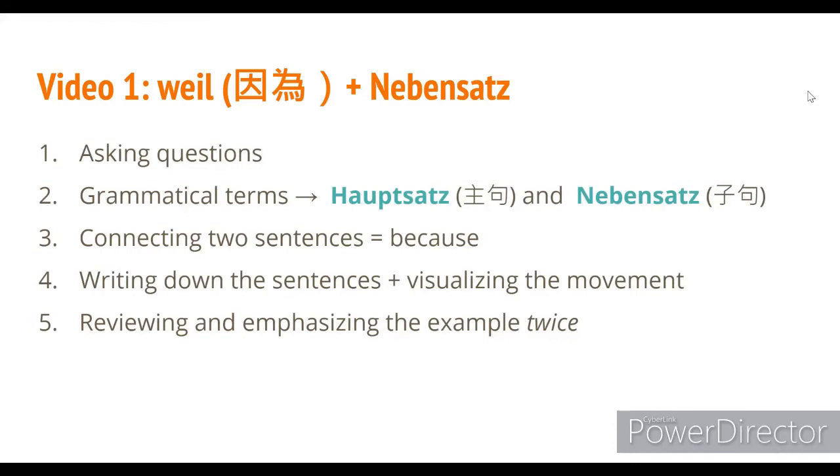In English, we call it because. It's used to connect two sentences. Here, Michael likes to write down the sentences and visualize the movement of the verb so that students can pick up the concept very easily. Afterwards, he will review and emphasize the example twice, that the verb should always be placed at the end of the sentence in the weil structure. So let's take a look at the video.